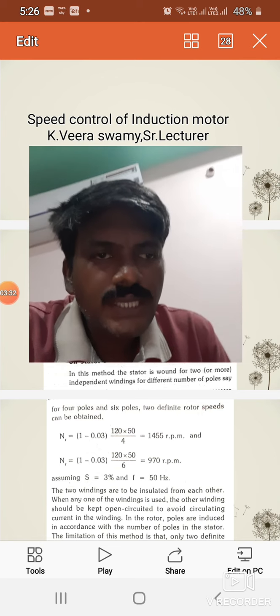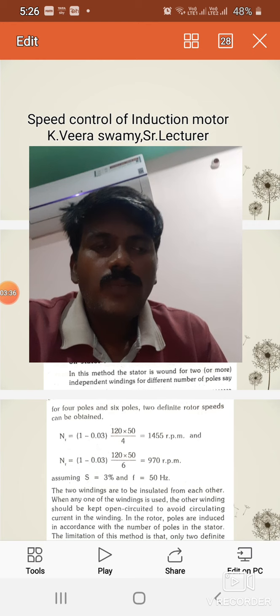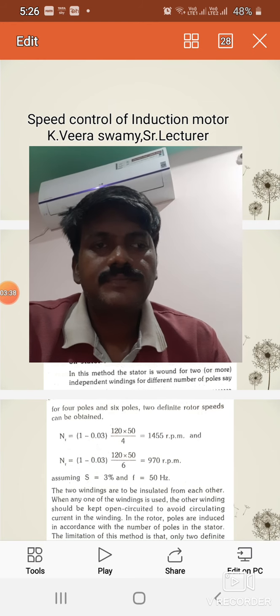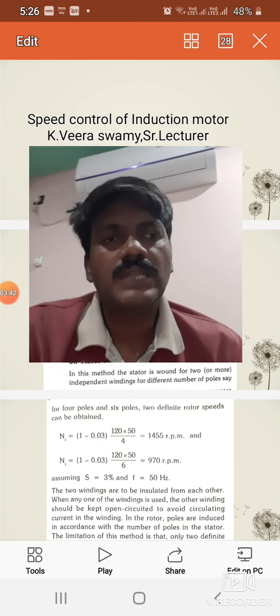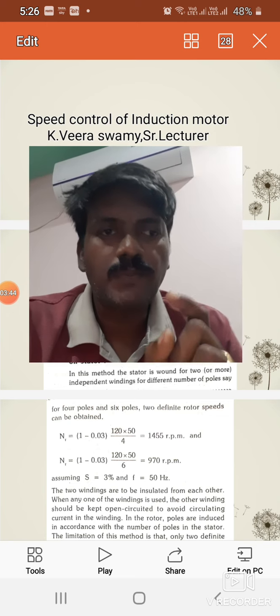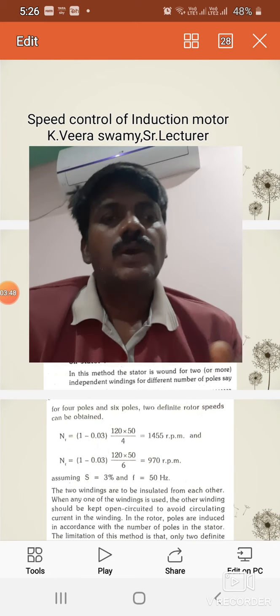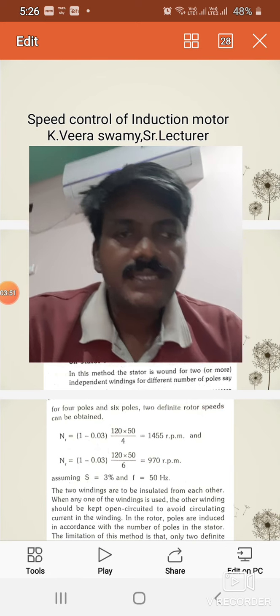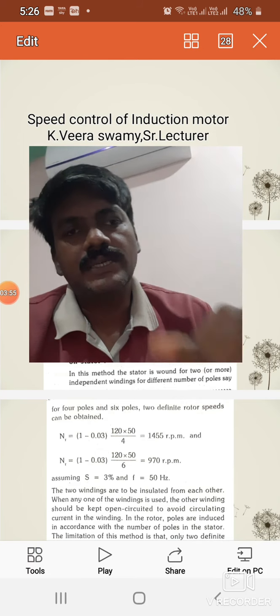When the supply voltage decreases, to maintain a constant torque, since torque is proportional to S V square, when V decreases, S must increase.